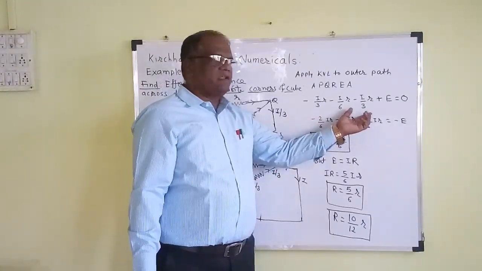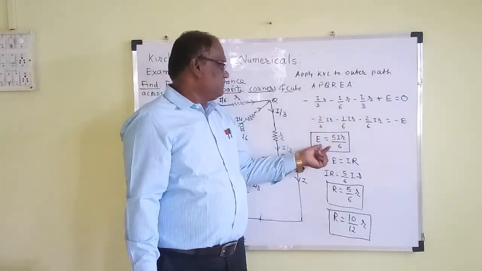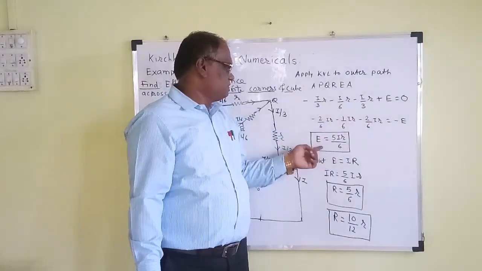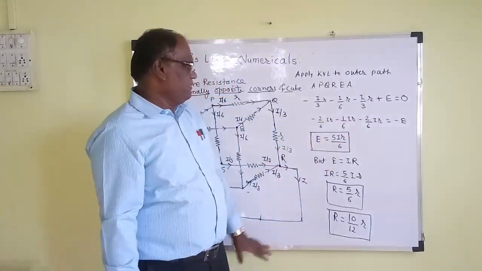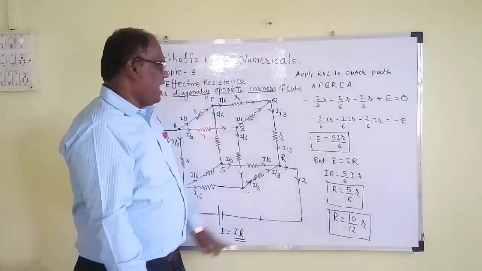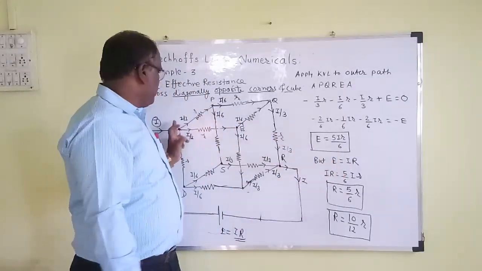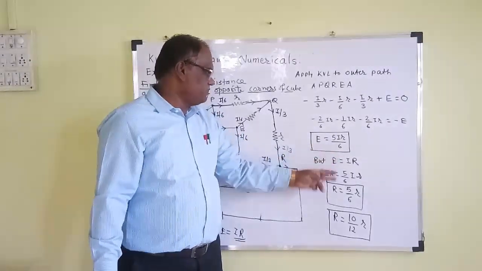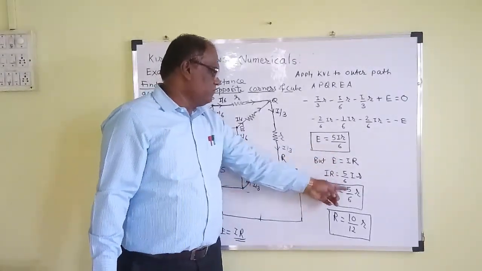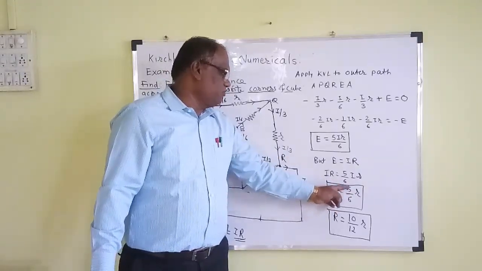I am making the denominator equal. Put the values, and you will get E is equal to 5 IR by 6. Here, capital R is the equivalent resistance of the cube between the two diagonally opposite corners of the cube. Hence, equate, and you will get capital R equal to 5 by 6 R.